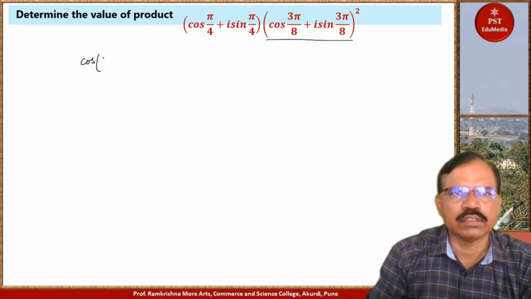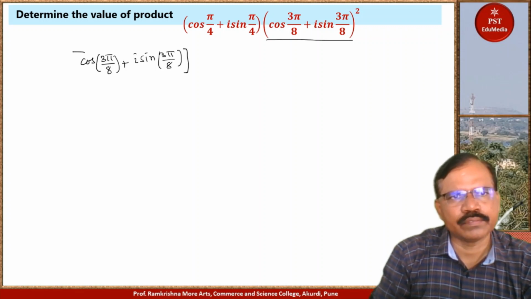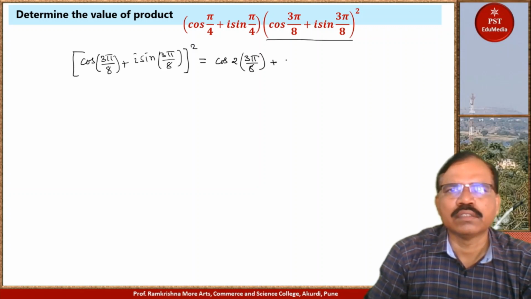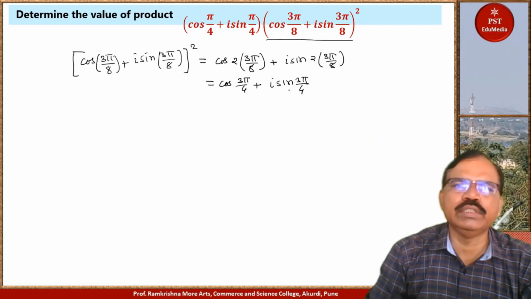So cos 3 pi by 8 plus i sin 3 pi by 8 square bracket square. So I can write here cos 2 into 3 pi by 8 plus i sin 2 into 3 pi by 8. So we get here cos 3 pi by 4 plus i sin 3 pi by 4 using De Moivre's theorem.